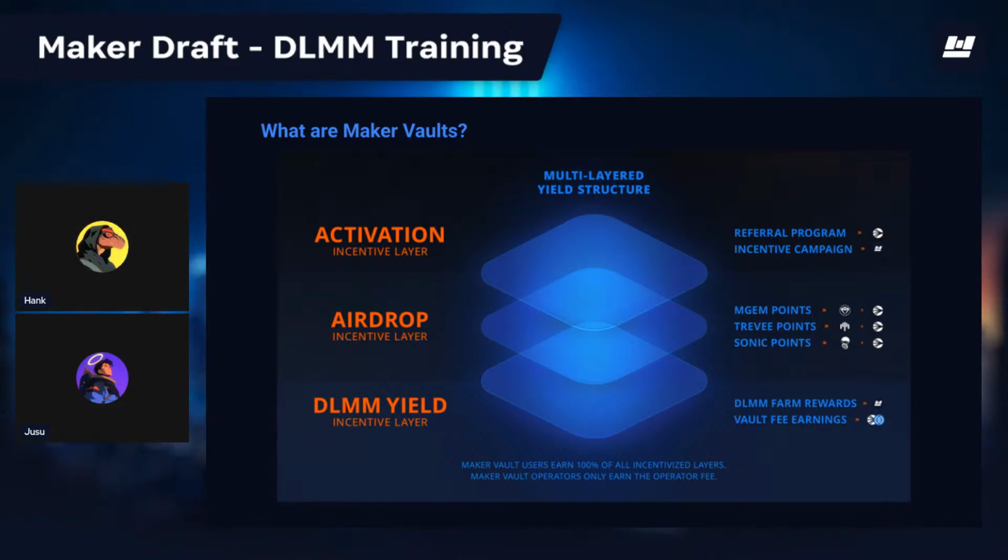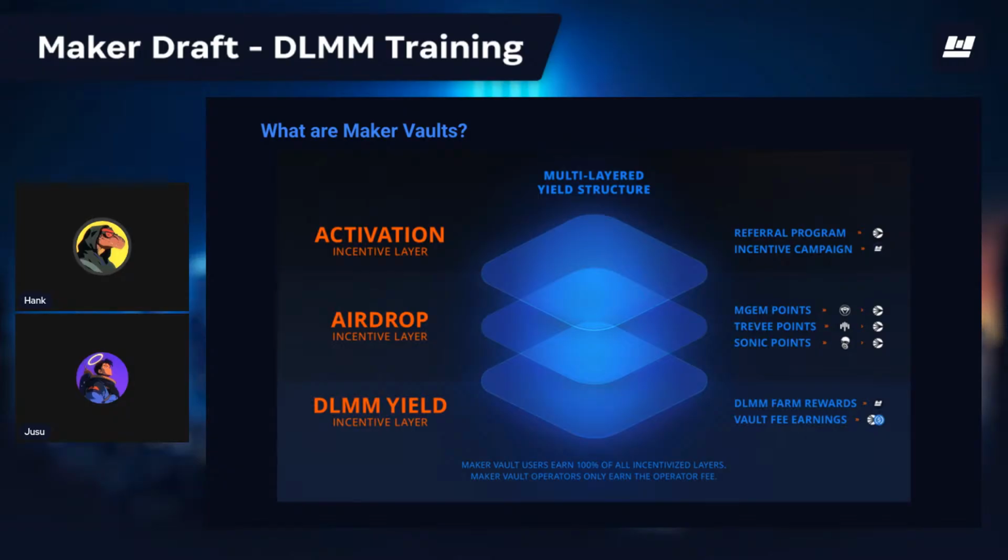It's the standard fees you're earning from the pool and the farm rewards that you would earn. And then we have the second layer, and these are all the airdrops that are going on Sonic for the protocols that are supported. So Sonic points, MGEM points, which is launching soon, and Trevi points as well.